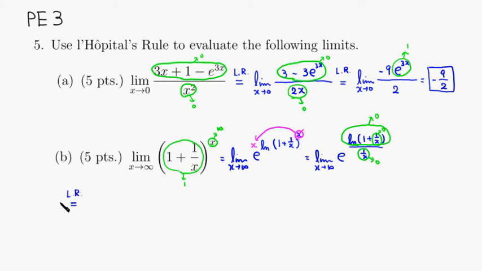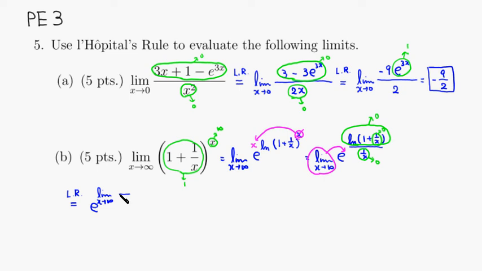I'm also going to squeeze this limit inside the exponential function, since the exponential function is continuous, so we get to do that. So you have e to the limit as x approaches infinity, and then we take the derivative, applying L'Hopital's rule.